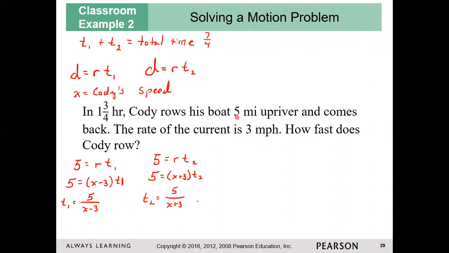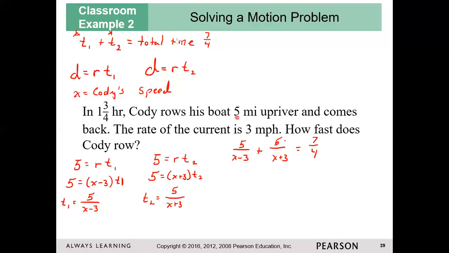And now that I have these, I'm going to use substitution to write a brand new equation which says 5 over x minus 3, which remember is my T1, plus my T2, which is 5 over x plus 3, is equal to 7/4, which is the total amount of time that is traveled.